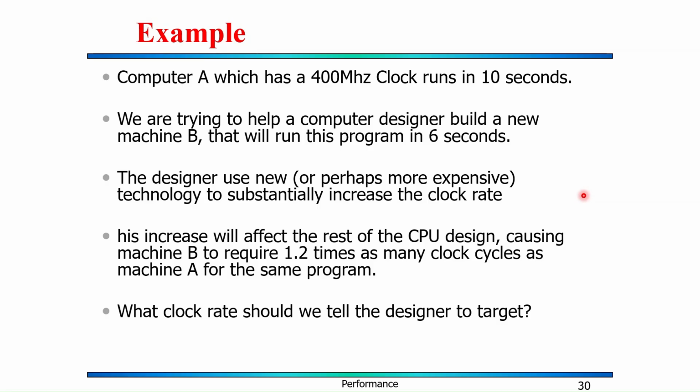So the question is, what clock rate should we tell the designer to target? We need to find the clock rate for machine B that achieves the 6 second execution time, given that it takes 1.2 times more cycles than machine A.